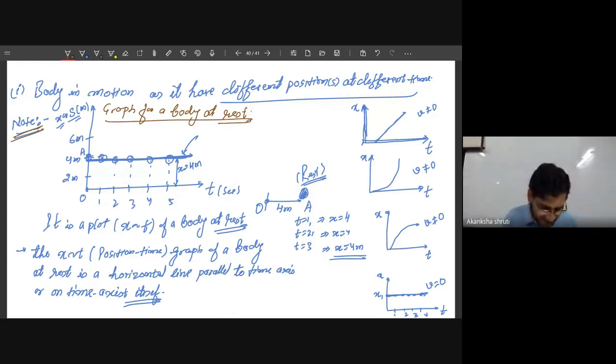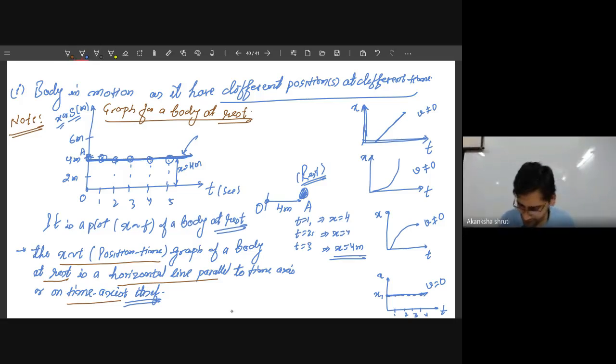When the body is at rest, under that situation, the plot is such that the graph becomes parallel to the time axis. So that we have learned last day. That was the important observation. And here we have also written: the xt, means position-time graph for a body at rest is a horizontal line, either parallel to the time axis or on the time axis itself.